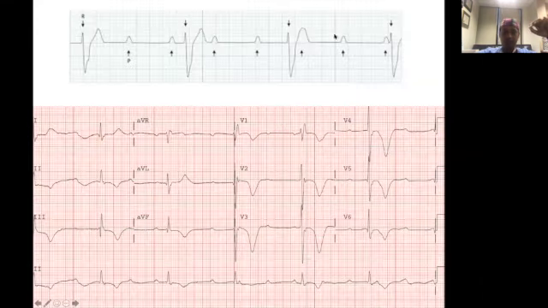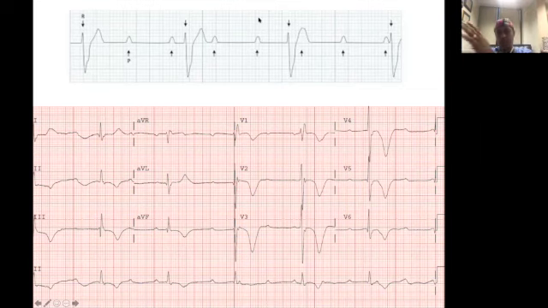Here's an example of what a third degree heart block looks like. So you can see we have put arrows where there are P waves. So the P's are marching in their own time. And then the ventricle is marching in its own time.